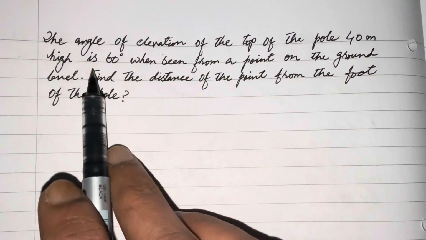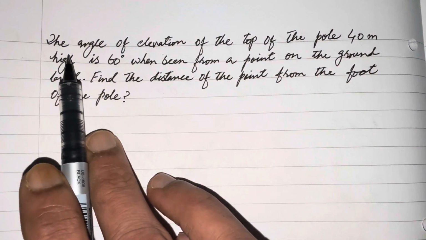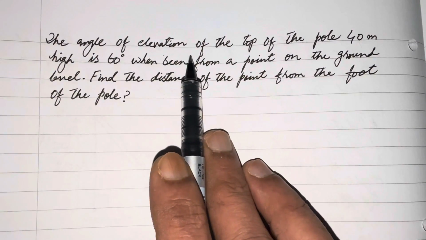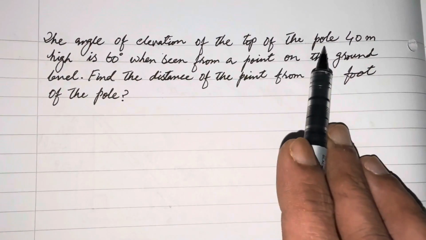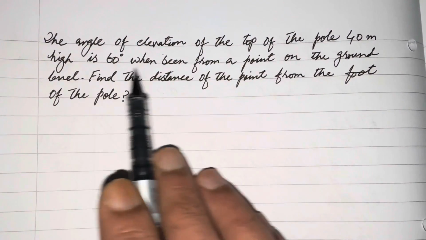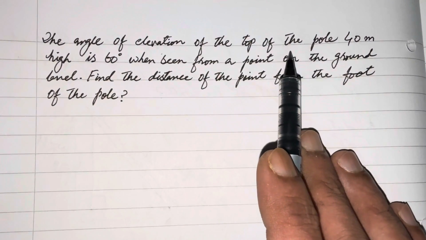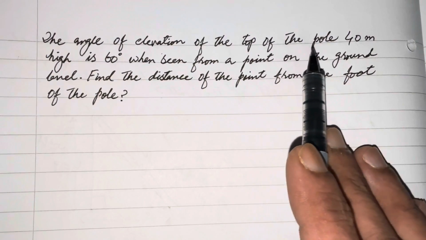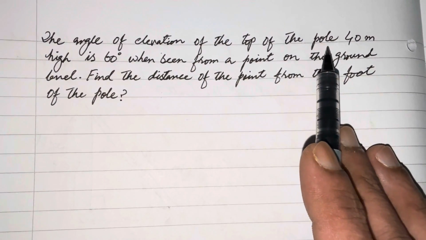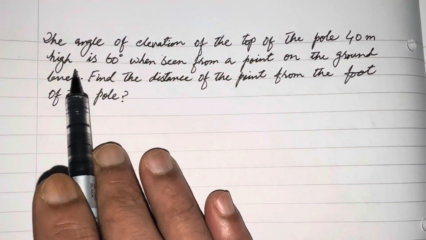So as you can see that the statement is given as the angle of elevation of the top of a pole 40-meter high. So the angle of elevation which is making with the pole, and the height of the pole is 40 meters.